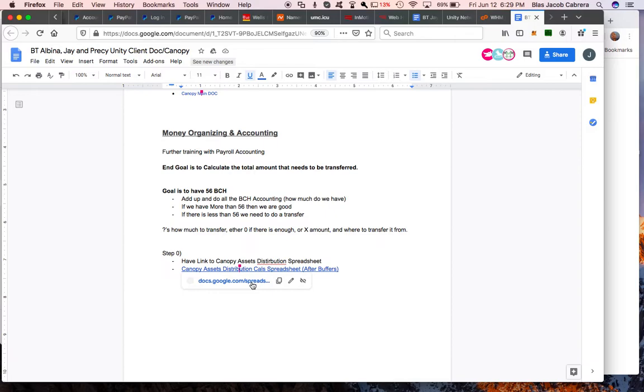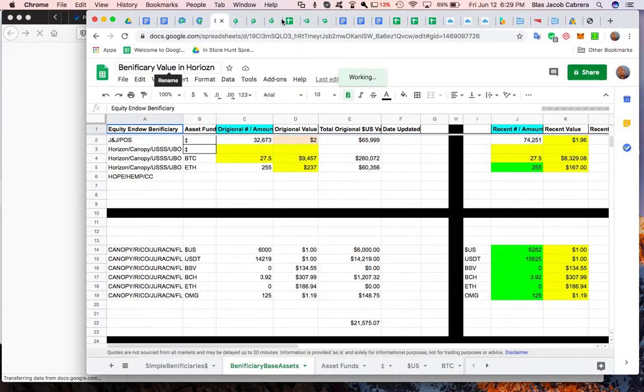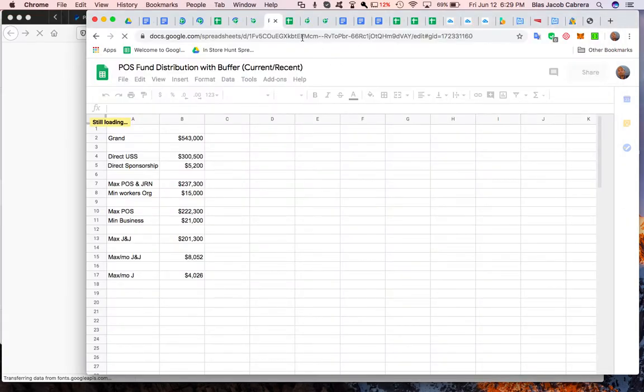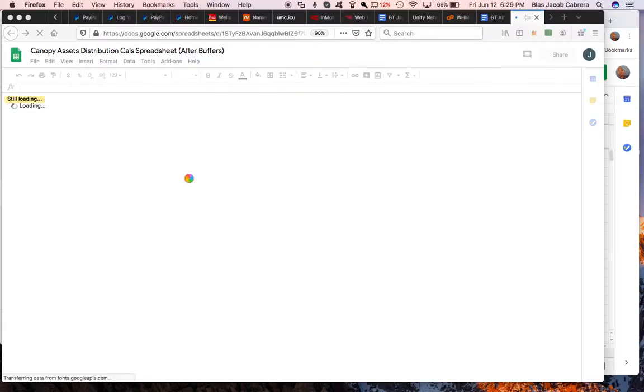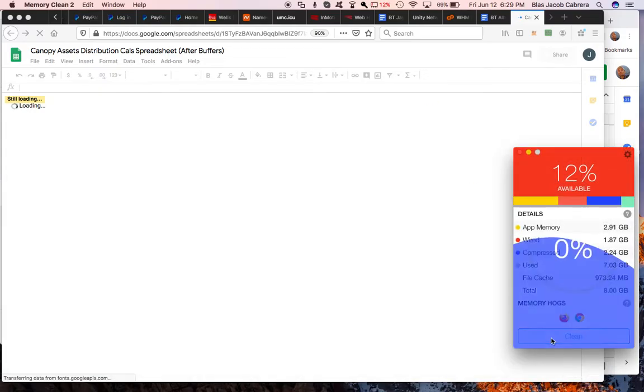Also, it looks like I seem to have lost the document that I was using before. Did I link it? I did link it. Oh, it looks like it's working for me. Computer is going so slow.